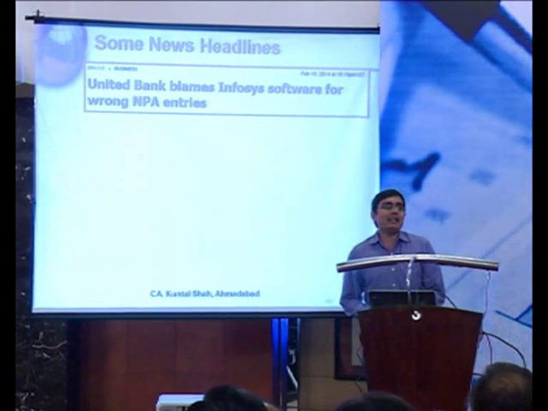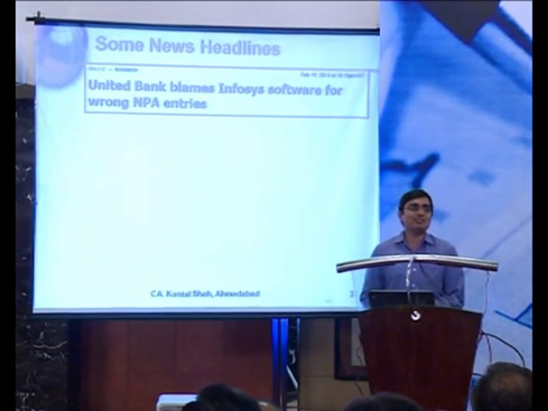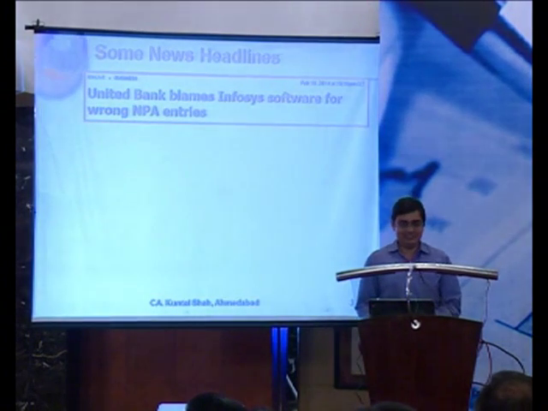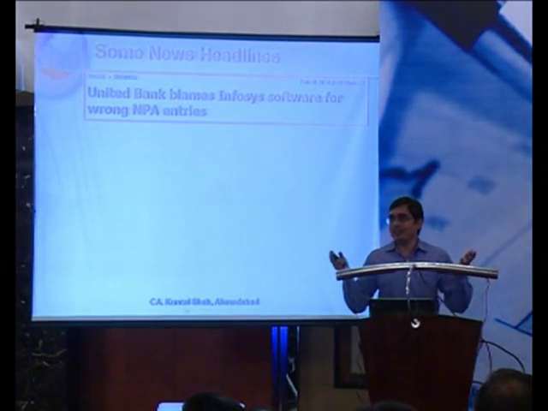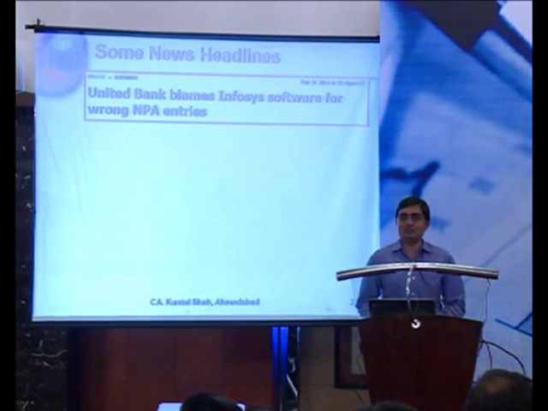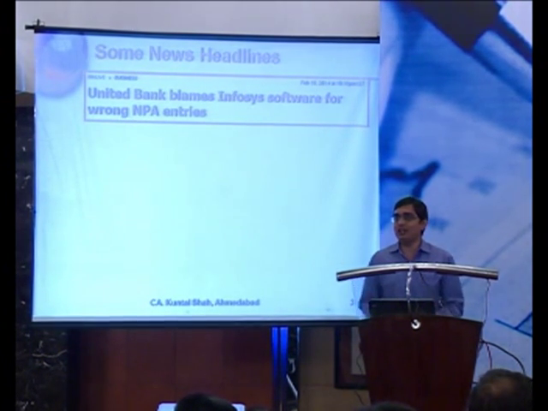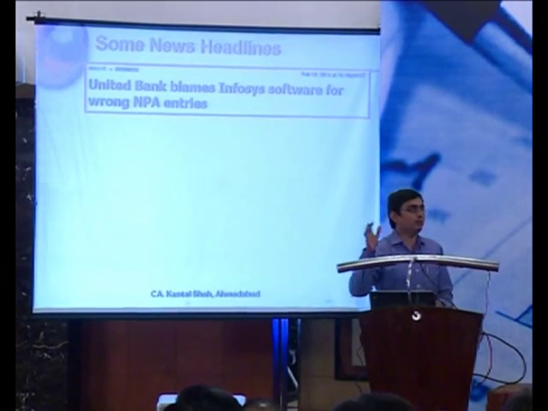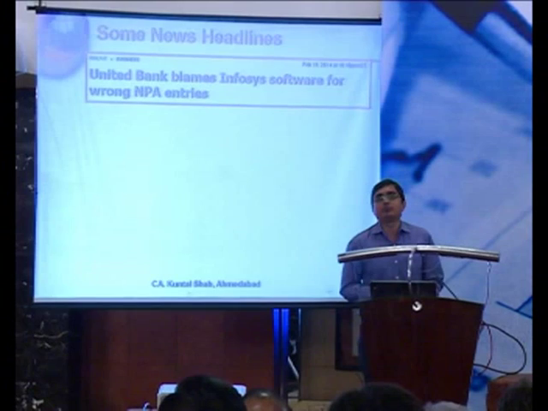Now, a few eye-grabbing headlines, and two are from your city only. Last year, the United Bank case, everyone is aware: United Bank blames Infosys software for wrong NPA entries. That was the headline, reported in almost all the newspapers and web portals.